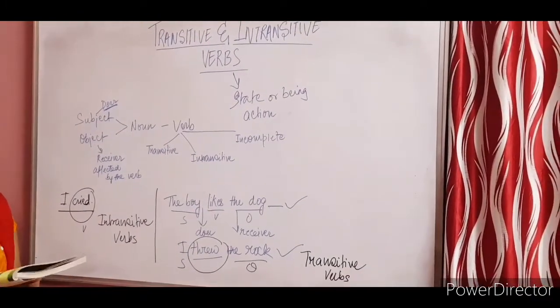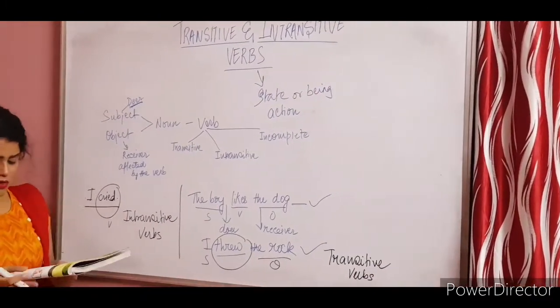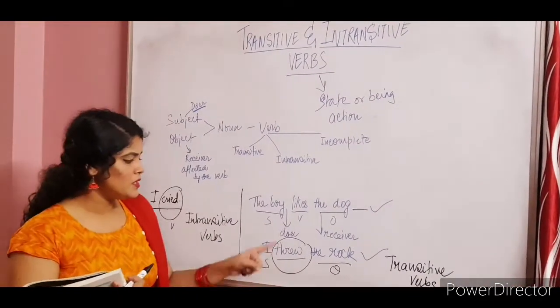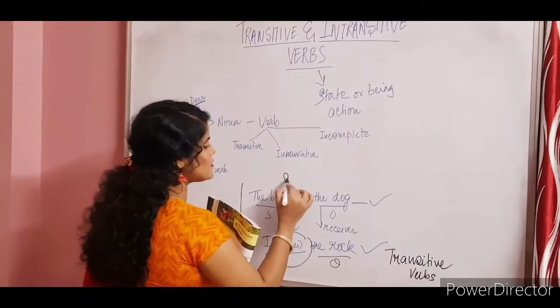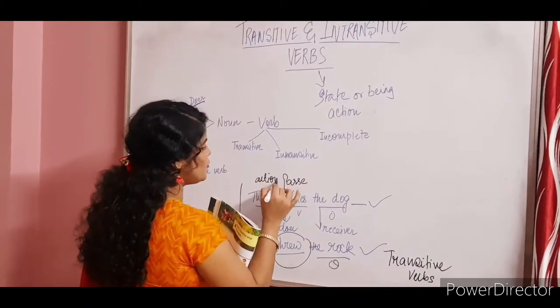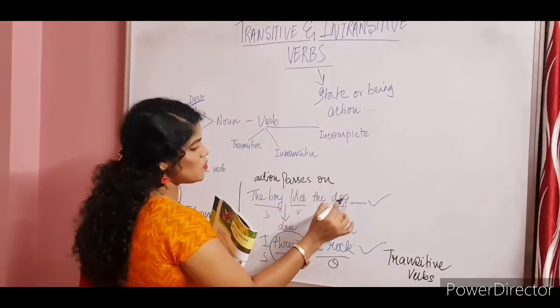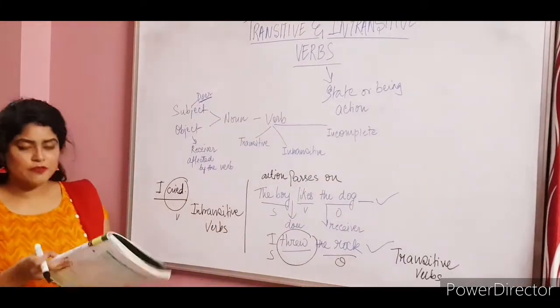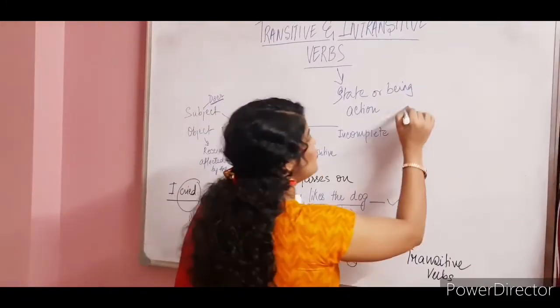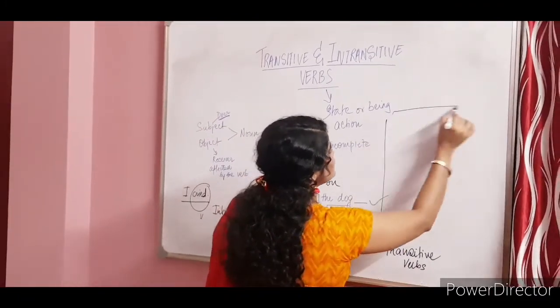So, what do we understand over here? In the case of transitive verbs, the action always passes on. You will remember this: the action passes on from the subject to the object. I may give you more examples of this.